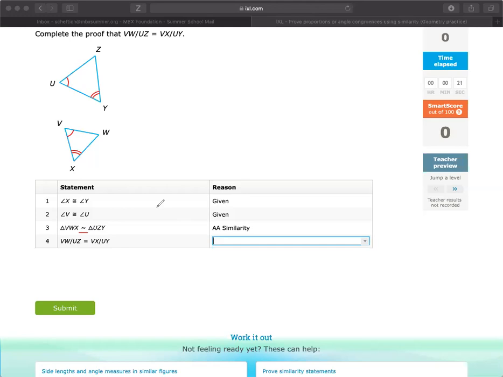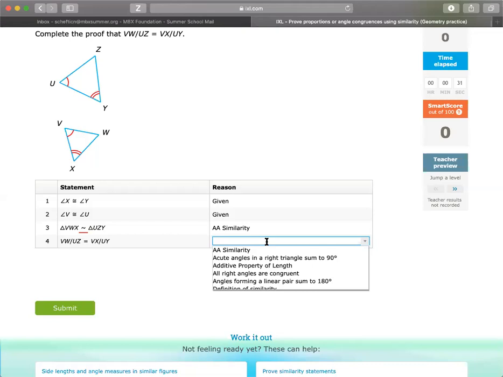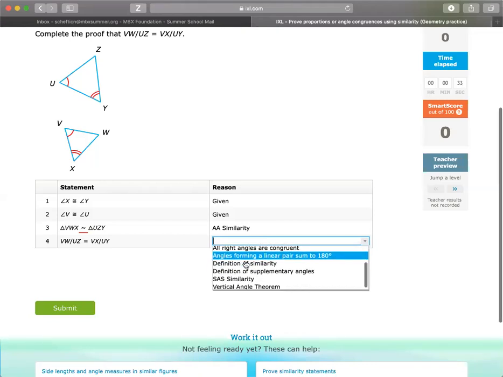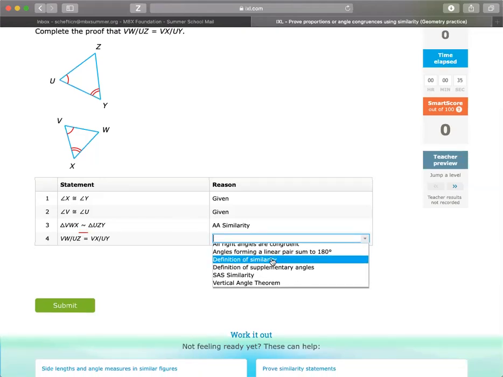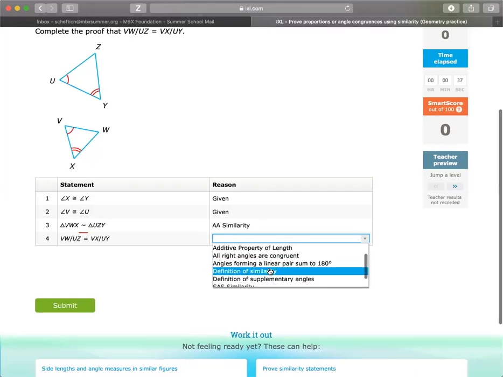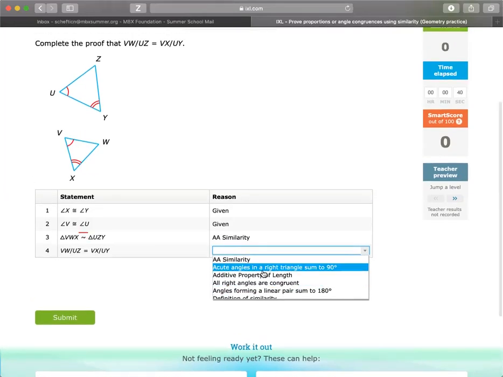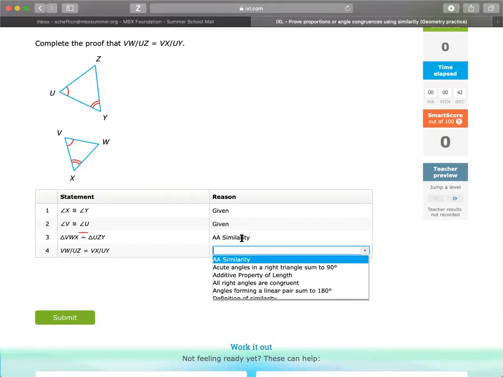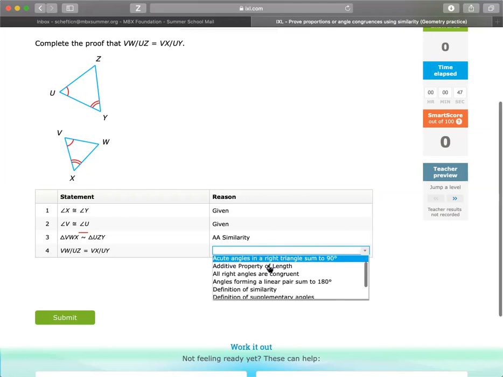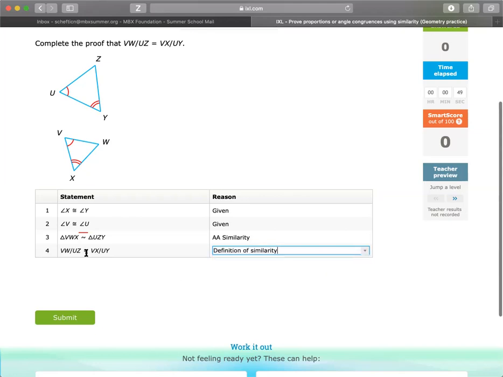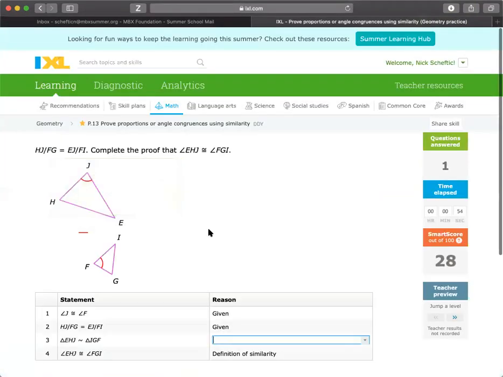I think those are our two options. And then this one right here, we're going to have to solve for the final part of it. Angle similarity we just did. These are sides that they're showing us right here. And definition of similarity is going to be the answer on this one because I just talked about the similarity and now they're showing it right there.